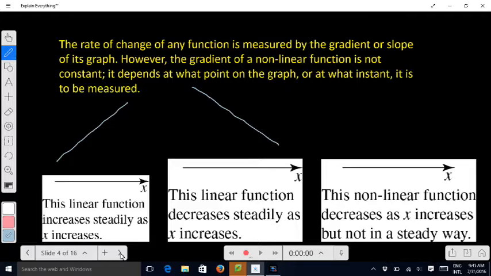And the last one, this nonlinear function decreases as x increases, but not at a steady rate. So see the difference between the straight line and the nonlinear function. This one steadily decreases, this one decreases in a not steady way.